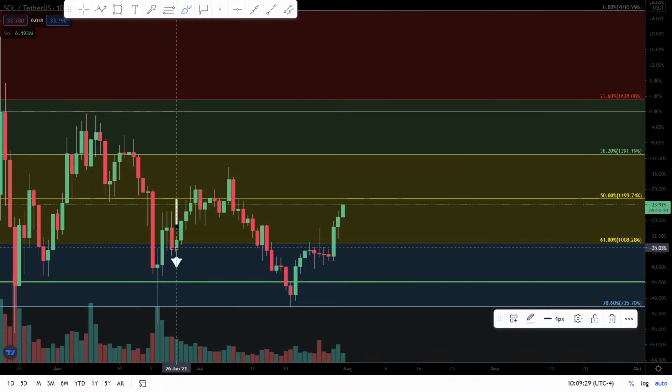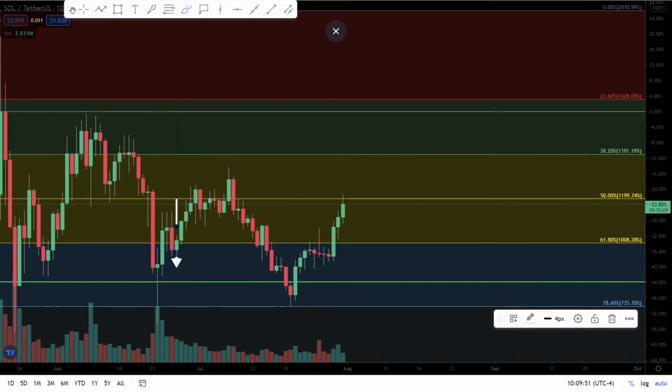The minute it breaks above, that is the cue. The key point is not that the candlestick enters the zone, but that it closes in the zone. And the minute it closes in the zone, we see price action go.